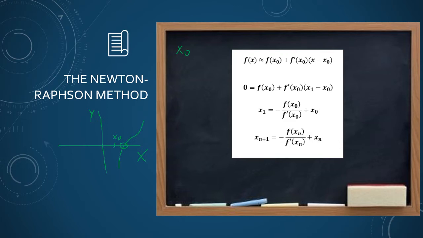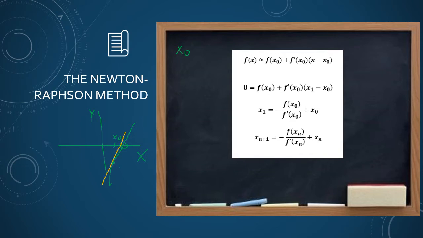So what do we do? We approximate our function at the point x naught as a straight line.